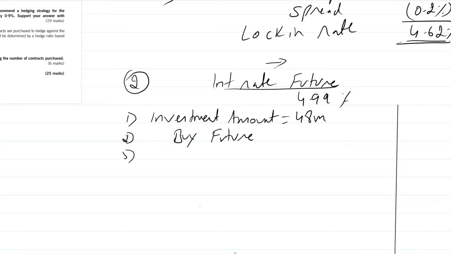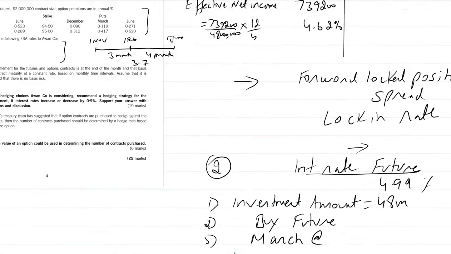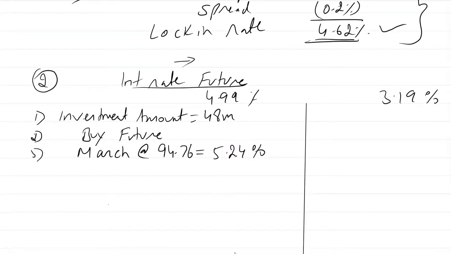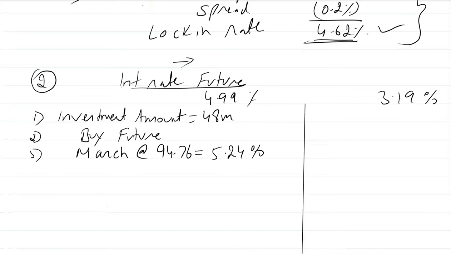And when you are going to invest on 1st February, settlement date will be March. So write the March rate 94.76, 5.24%.